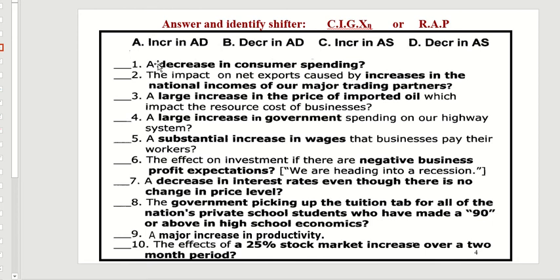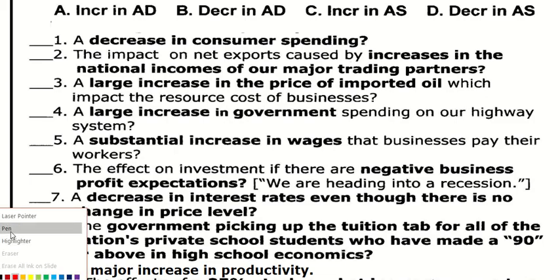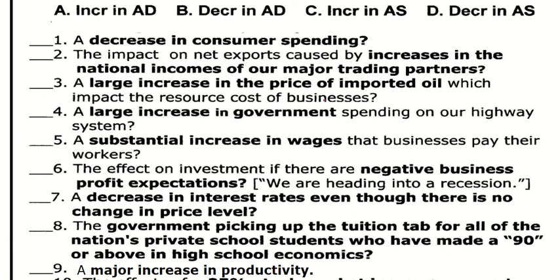So, a decrease in consumer spending. We know that a decrease in consumer spending is going to cause, if we have our aggregate demand and our aggregate supply here, aggregate demand to decrease.